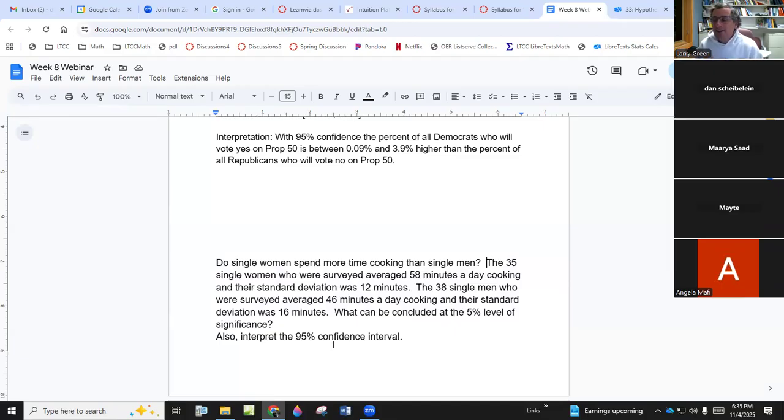Okay, good. Notice that when I'm looking at your answers in the chat box, they're all numbers, right? So this is not about proportions. Do not use P for this particular one.